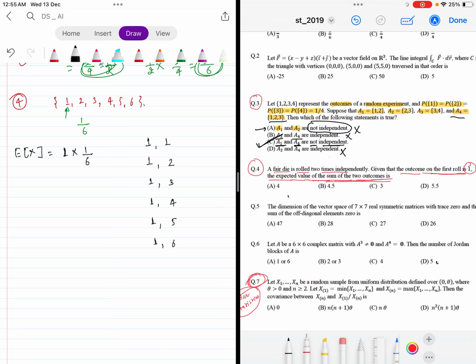So we have to find the expected value of the sum of the outcomes. So the sum of the outcomes will be 2, 3, 4, 5, 6, 7, right?